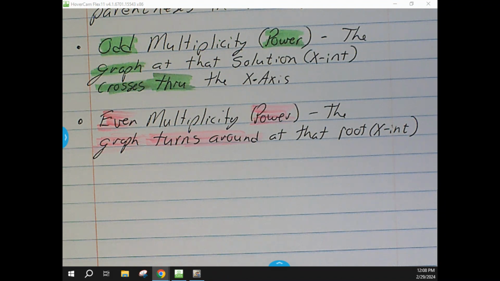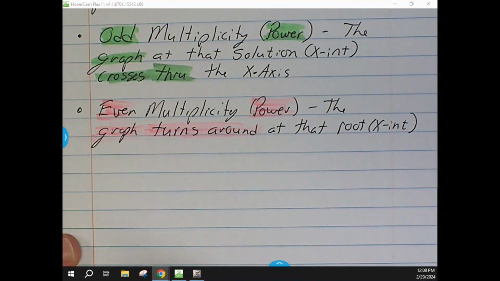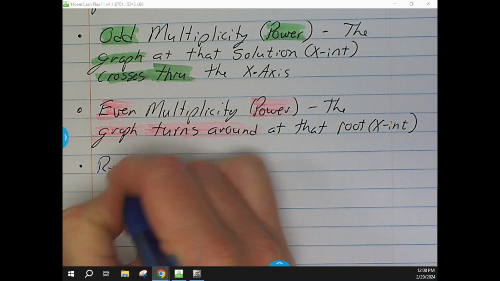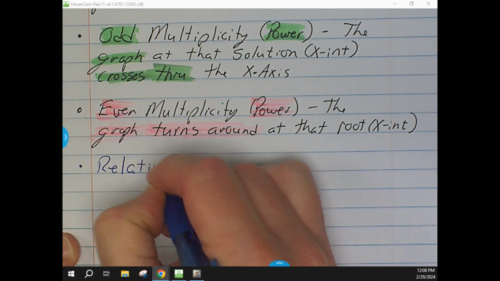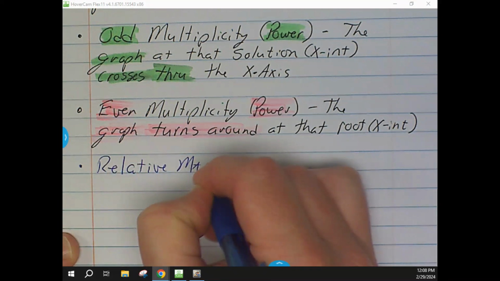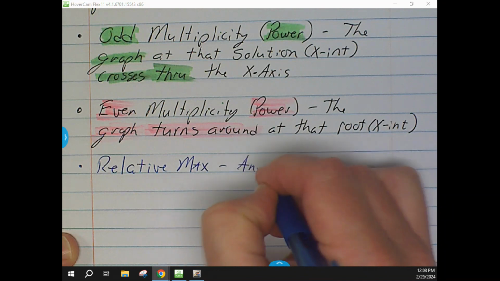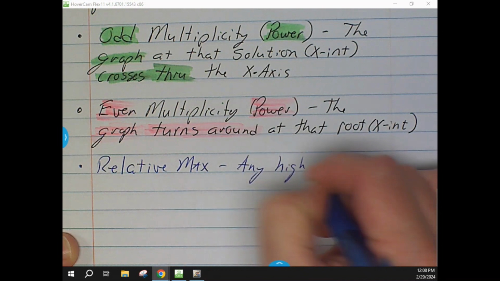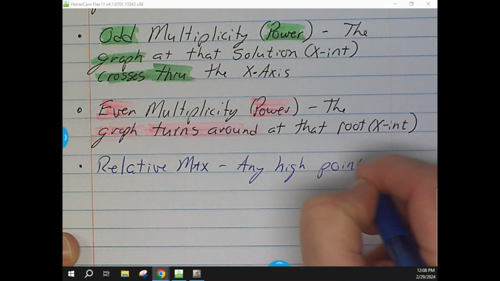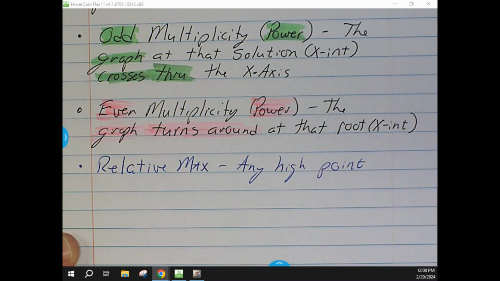Okay, and I think we mentioned this a while back. We're going to put it in here just to be on the safe side. If you have a relative maximum, that's any high point on the graph, any peak.